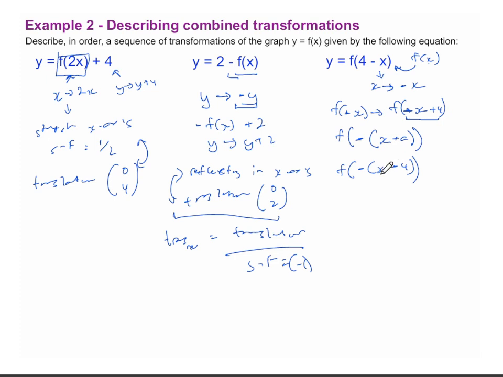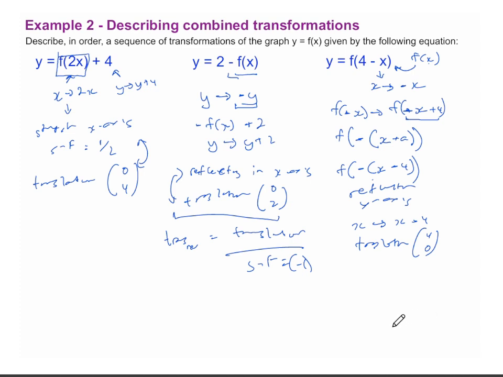And here what's happening is that if we apply the reflection first, so x is becoming -x, which is a reflection in the y-axis, then we will have to translate it to the right, meaning our x wants to become x minus 4, which means translation 4, 0.